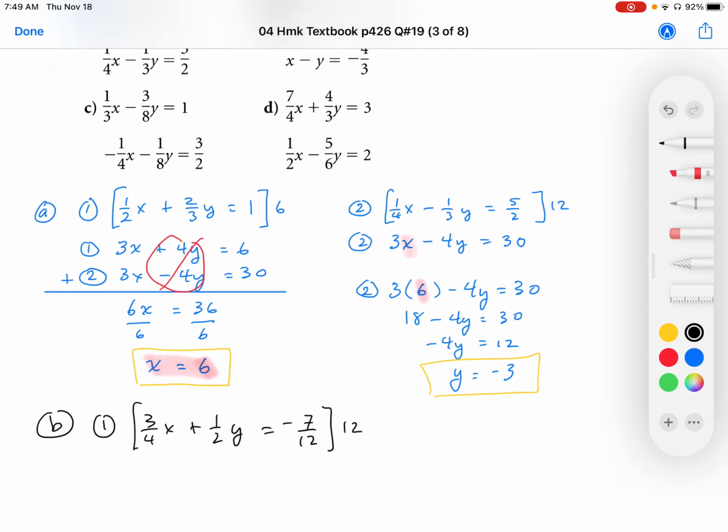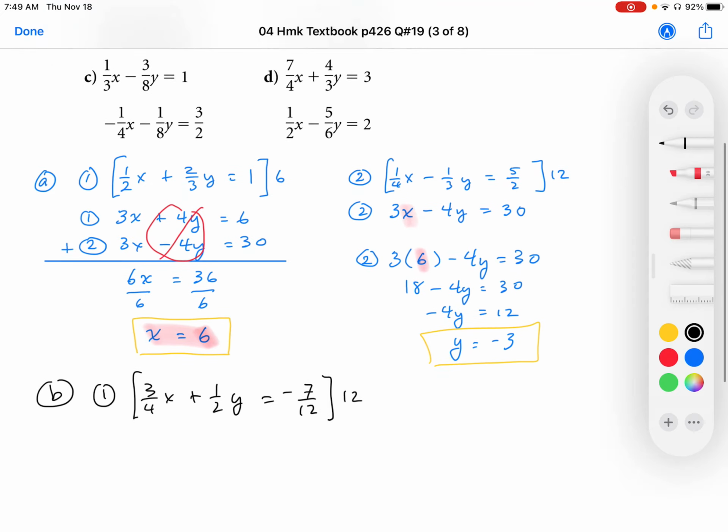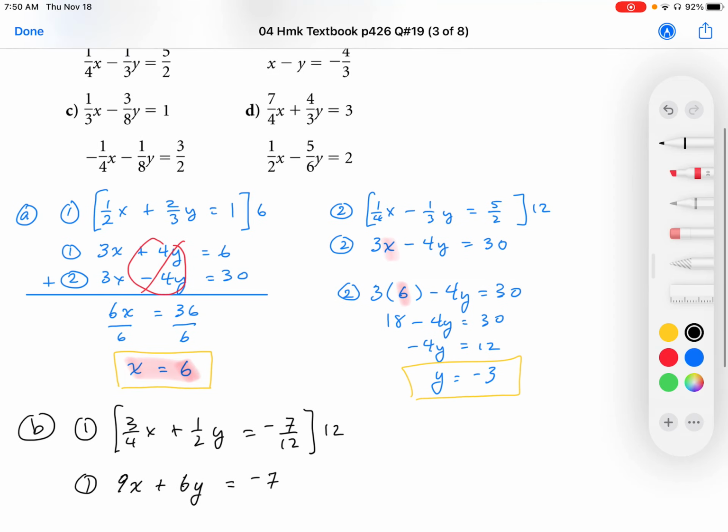If I multiply by the lowest common denominator, I'm going to have times 12 divided by 4 is 3. And then I end up with 3 times 3. That gives me 9x. Again, there's lots of ways to do it. You can do 36 divided by 4. Here I'm going to get 12 divided by 2 is 6. That gives me y. And the divide by 12 times by 12 cancels out. So there's my equation 1.